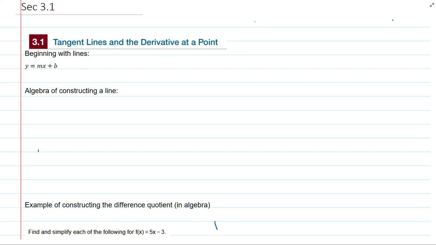Derivative at a point is the inclusion of f prime of x. So we're starting first with y equals mx plus b.